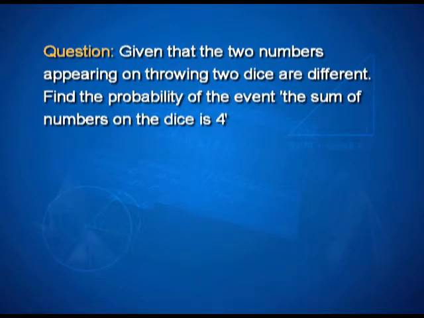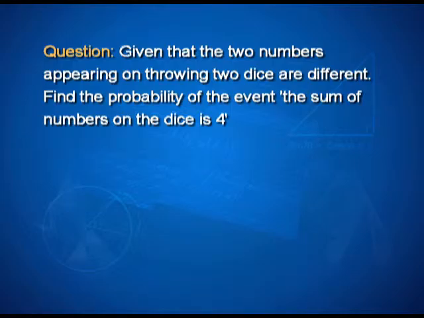The question says, given that the 2 numbers appearing on throwing 2 dice are different, find the probability of the event, the sum of numbers on dice is 4. The numbers appearing on throwing of 2 dice are different, means non-doublets are appearing.